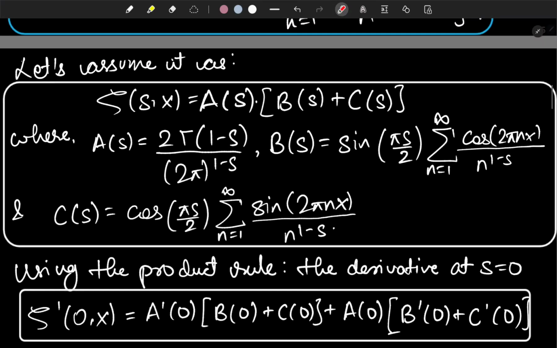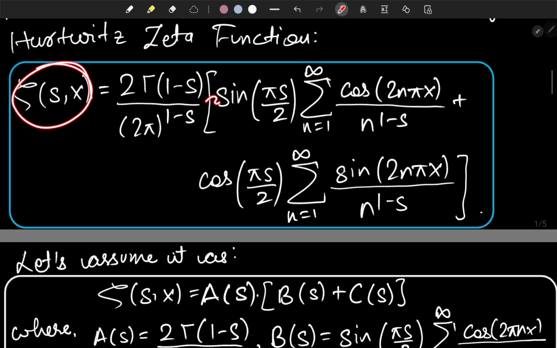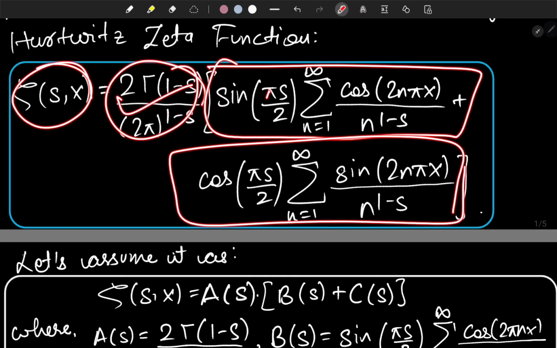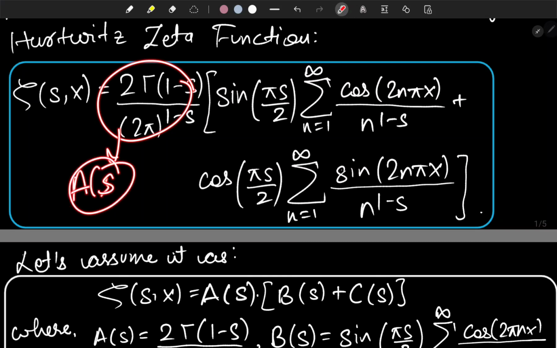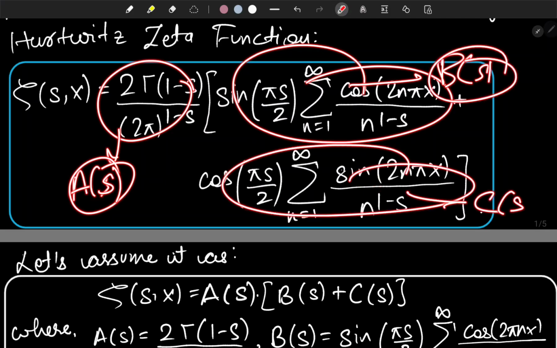Now let's talk about this. We have three different functions, the first one, the second one, and the third one. We're going to represent this one with a of s, this one with b of s, and this one with c of s.